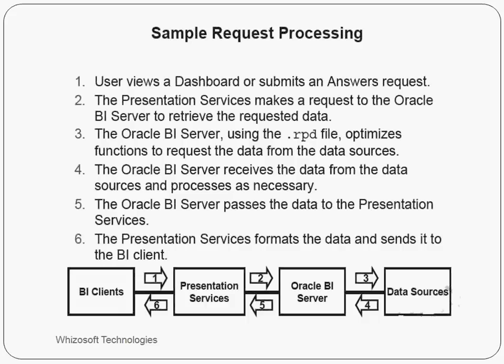Here's a good flow of how the data is moving from a BI client. We start with a BI client, the user gives a request for a particular record and it's passed to the presentation services. From the presentation services, it goes to Oracle BI server, which is the application server, and it passes the request to the data sources which are configured.